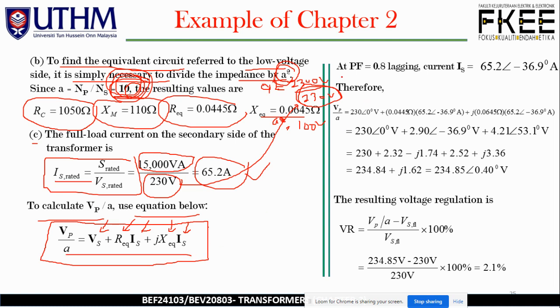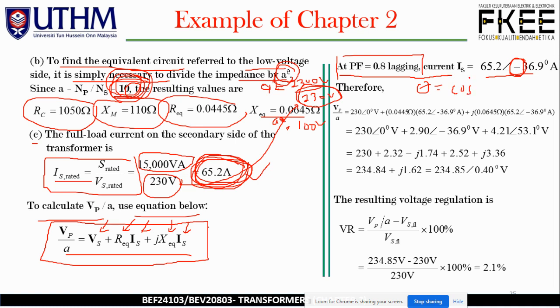But before that, remember the condition given in the question. The first condition is power factor 0.8 lagging. That means the current IS here is the rated current. So we have a negative angle of arccos 0.8. Let me write it for you.